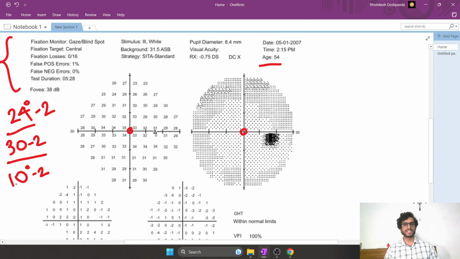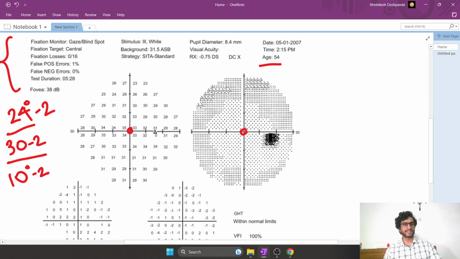So 10-2 basically focuses on the central 10 degrees around the fixation. So in advanced glaucoma, when only the central fields of vision are left intact, in those cases the 10-2 protocol becomes useful. So it is temporal 10 degrees and nasal is of course 30 degrees, which is always constant.